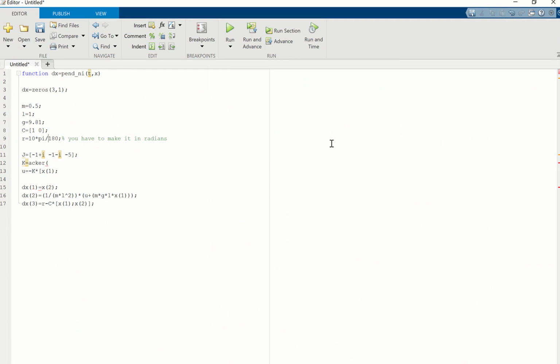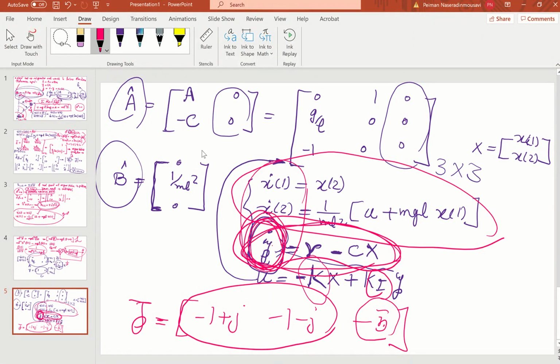Now you have to have A hat, B hat. So A hat, as we derived, is 0, 1, 0. Look at here. This is A hat: G over L, 0, 0; -1, 0, 0.